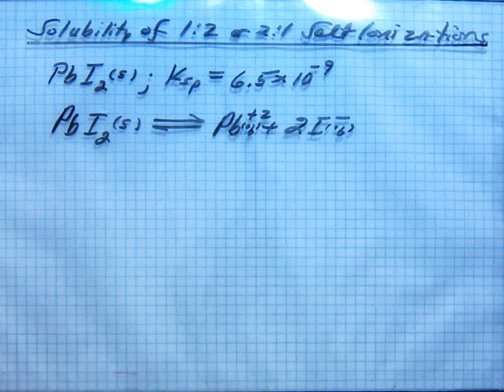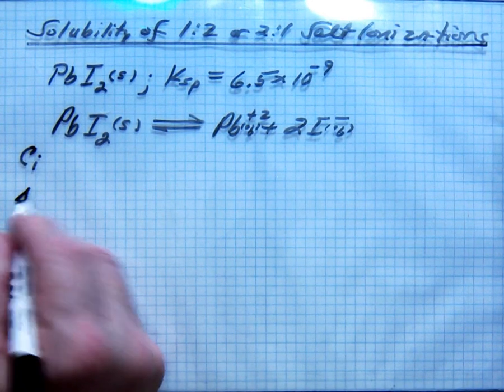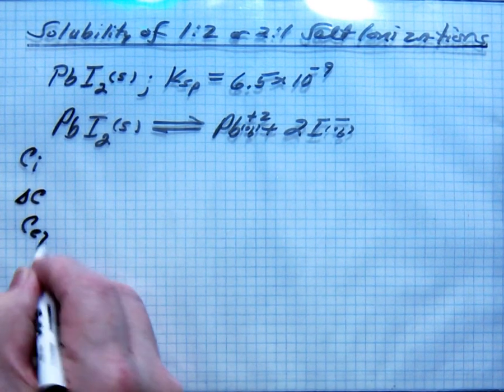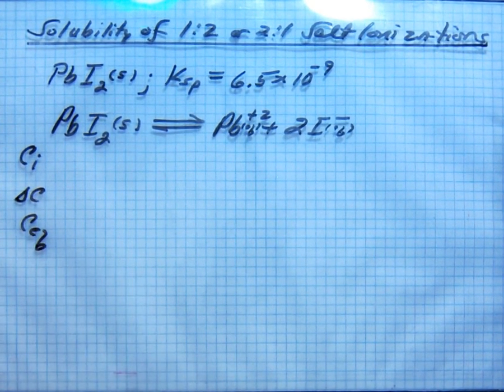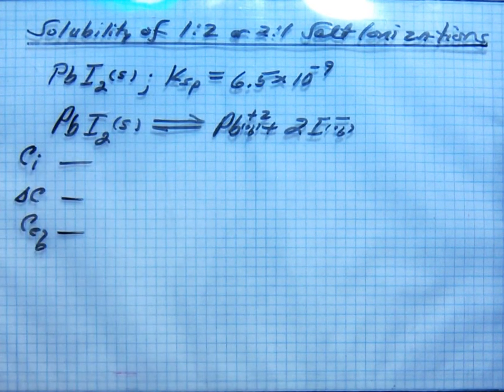In the ice table, the same issue exists. We disregard the solid because it's not going to be part of the equilibrium expression. Only the product side will be the KSP equals the product side. And so nothing over here will be in the expression, so we'll disregard it.